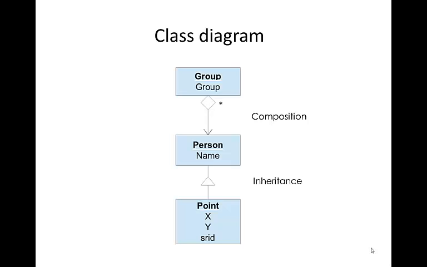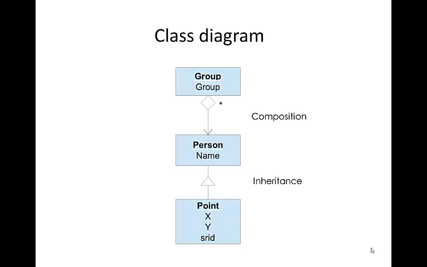We're then going to define a person object that has a name, but also inherits point. So there's an X, Y, and a Z, and an SRD, and a name for person, because they inherit these attributes from point. And then I'm going to create an object called group, which has one attribute called group, which is a list of people.